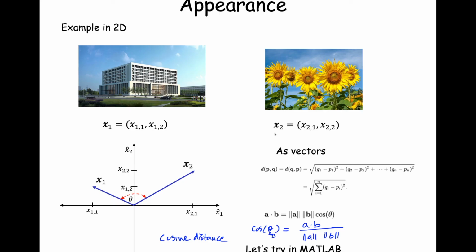So we're back in PowerPoint, and I just showed a demonstration of using cosine distance as a measurement of similarity based on the appearance, the color component of appearance, for different images, the dog and the apples.